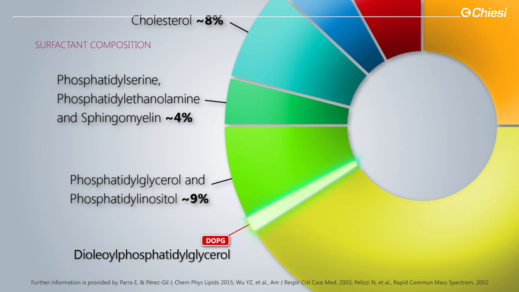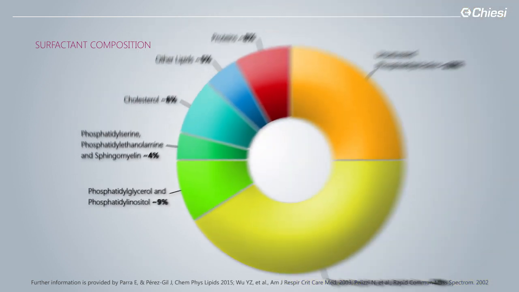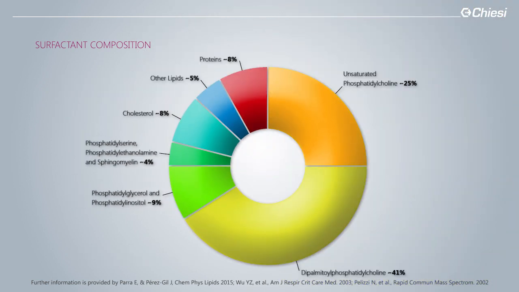So in the end, DOPG is a kind of helper because it's helping the DPPC in exerting its biophysical activity. And to be honest, it's not even the only one, because in the 10% of surfactant protein, there is also surfactant protein A, or SPA, which is able to do the same.